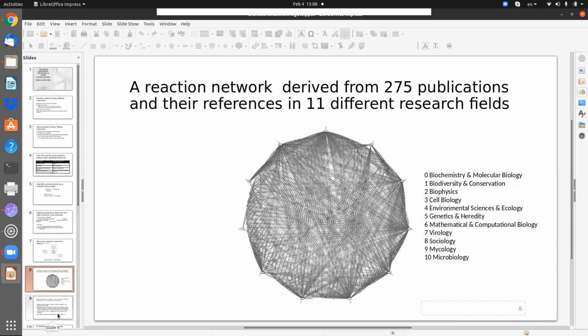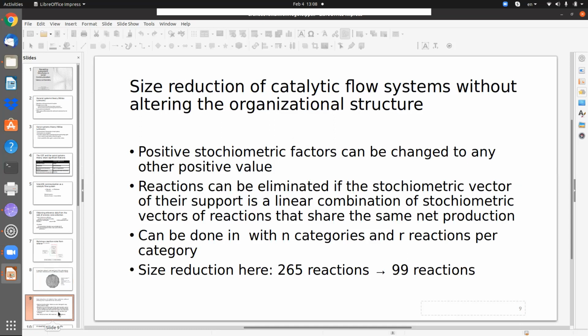So I came up with a strategy that uses what I just recently learned from Professor Heiligen about the degeneracy of a network. You can exploit the mathematical structure of catalytic flow systems combined with the structure of my data to have a strategy that efficiently reduces the size of the reaction network.